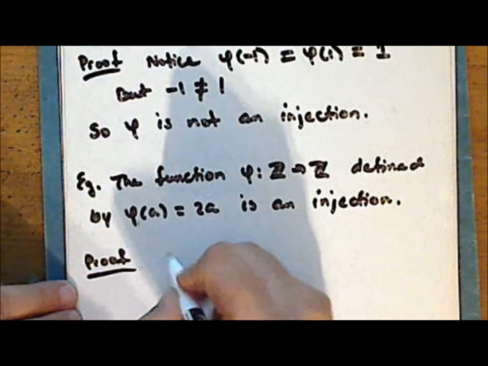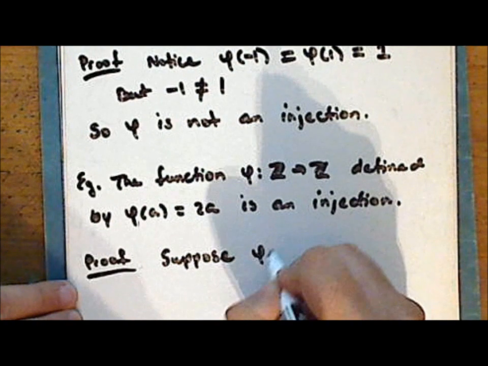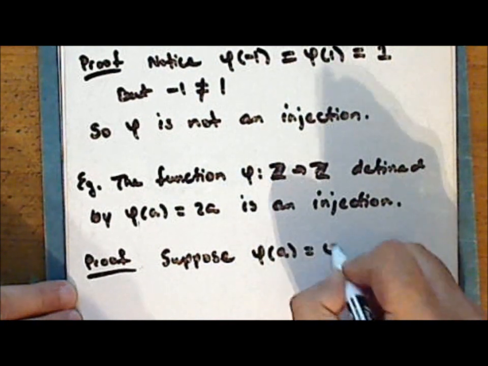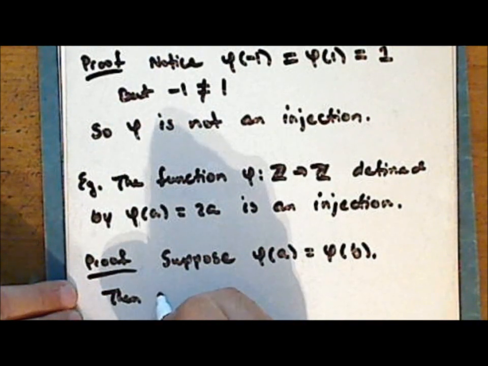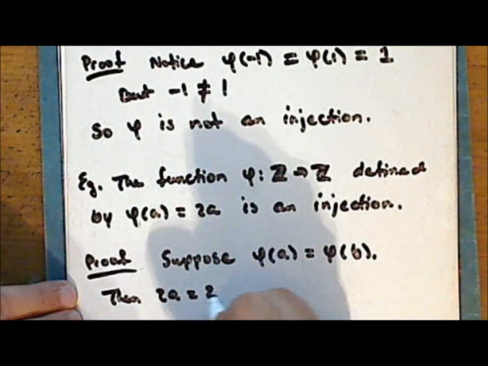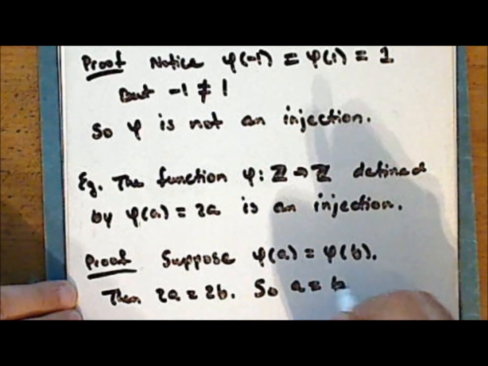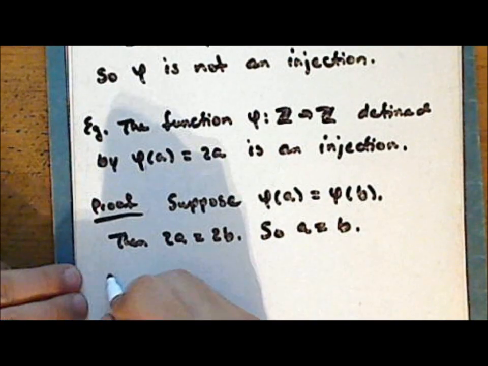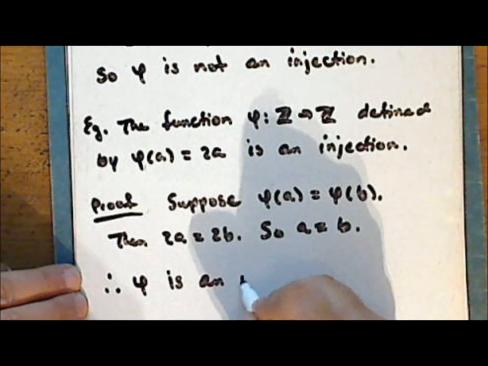So proof: suppose that phi of a is equal to phi of b, then 2 times a is equal to 2 times b, and so a is equal to b, and therefore the function phi is an injection.